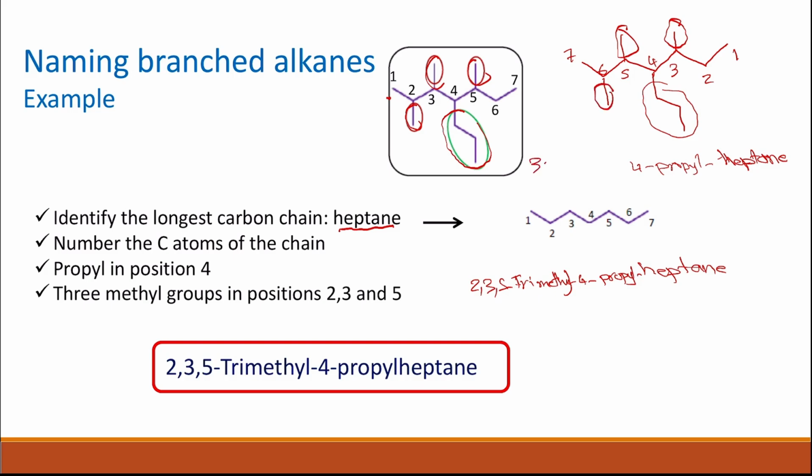So this is going to be 3,5,6-trimethyl. The IUPAC system tells us that we need to start numbering from the position which will give the substituents the lowest possible numbers. So in the first case, it was 2,3,5-trimethyl and 4-propyl. In the second case, it was 3,5,6-trimethyl and 4-propyl. So the first case is the correct numbering of the longest carbon chain. So we need to give the substituents the lowest possible numbers.